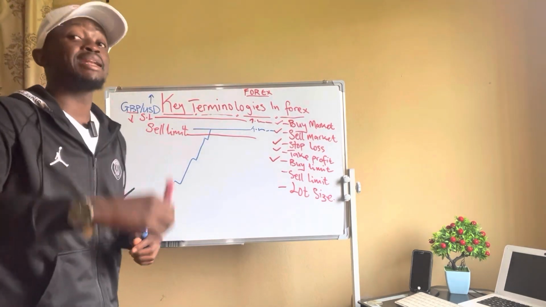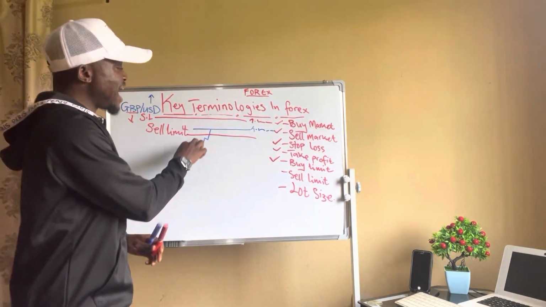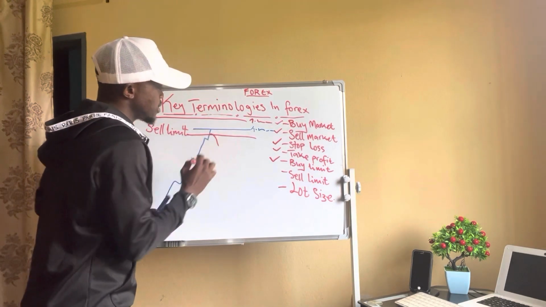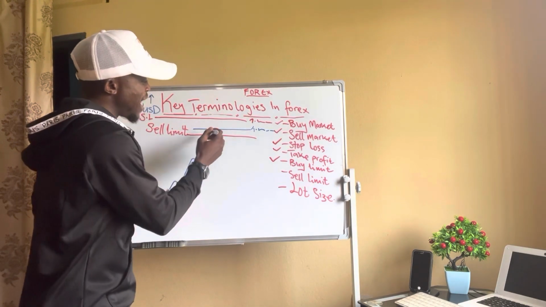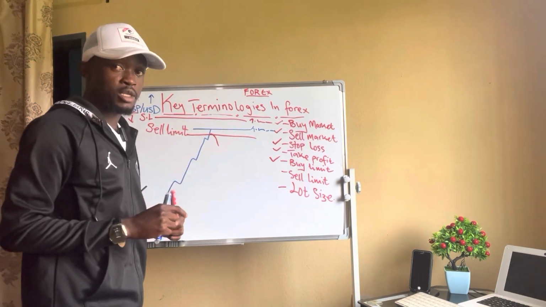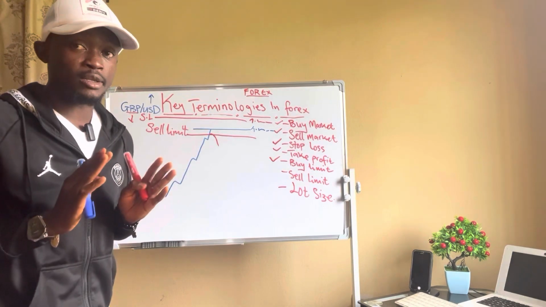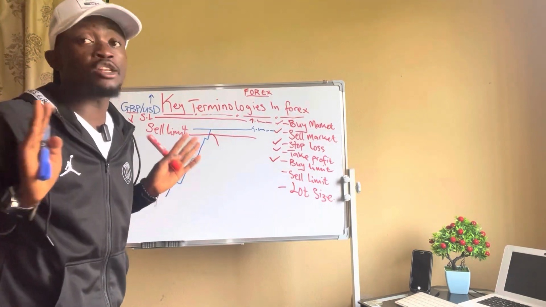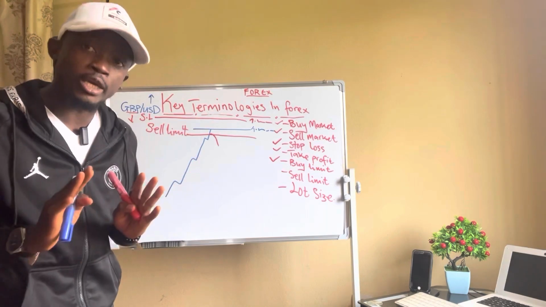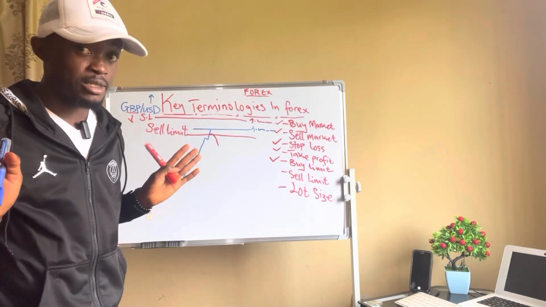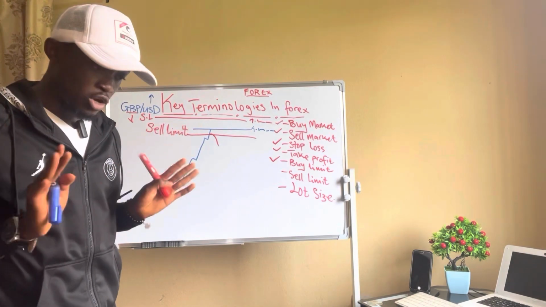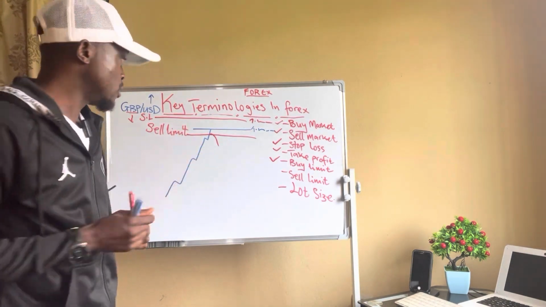Still telling the broker that if the market hits this sell limit, instead of selling, the market starts buying and going up, and it hits me at the stop loss, get me off the market with the $5 or $10 that I might have lost in the market. I am okay losing that $10. I don't want to lose more. So get me out with the $10 minus. It's okay.